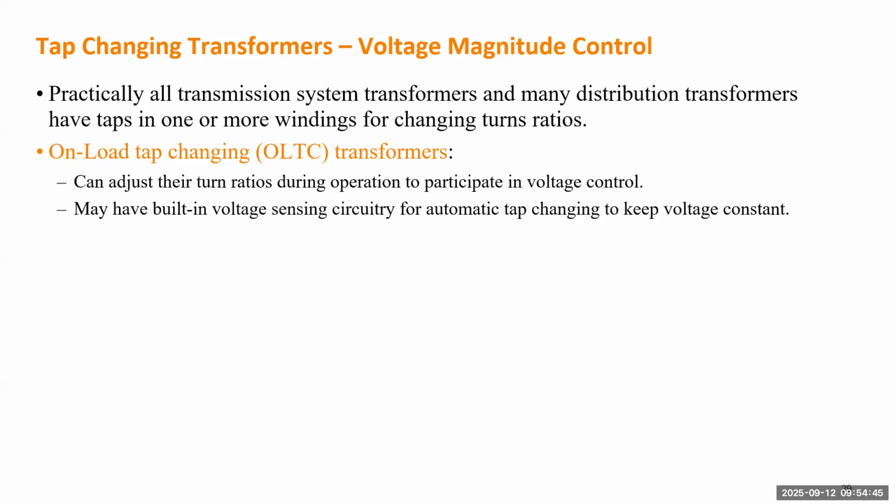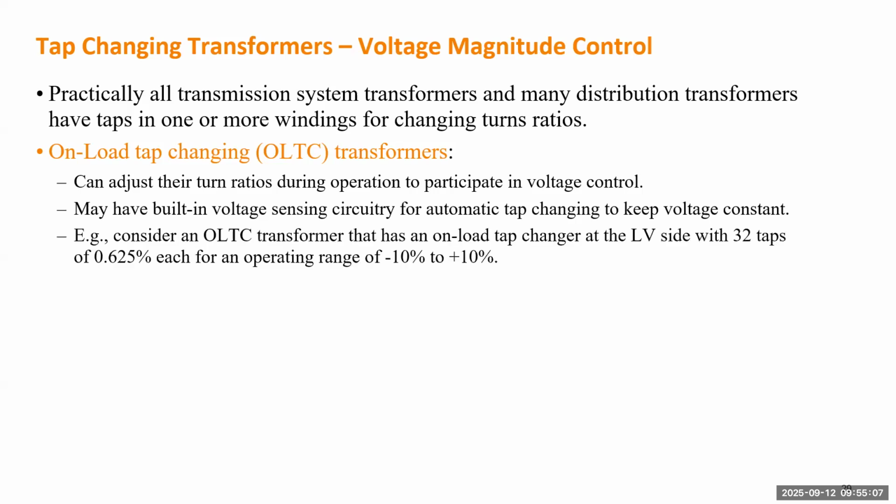By controlling the voltage at a certain point, if that voltage is lower, it will send a signal to the transformer, and it will automatically move the tap up to increase the voltage or down to decrease it, depending on whether the sensed voltage is lower or higher than the reference value.